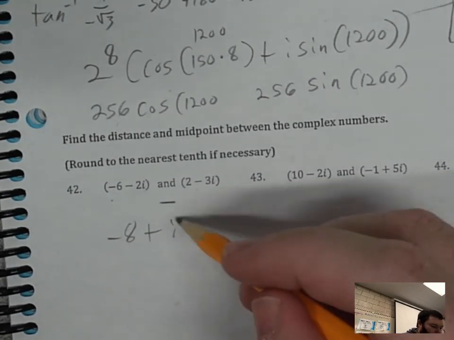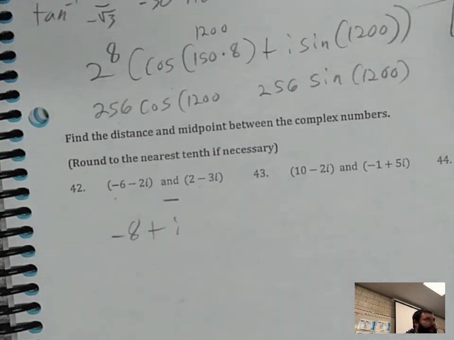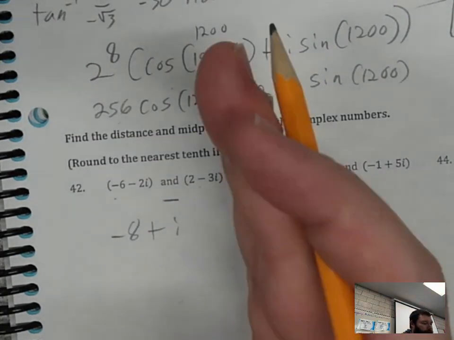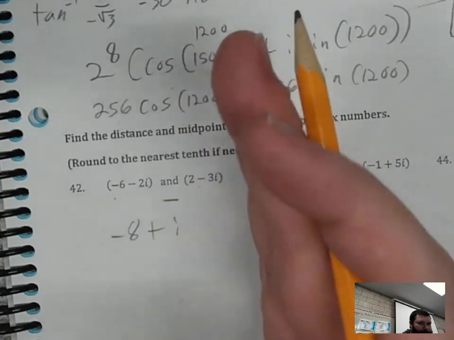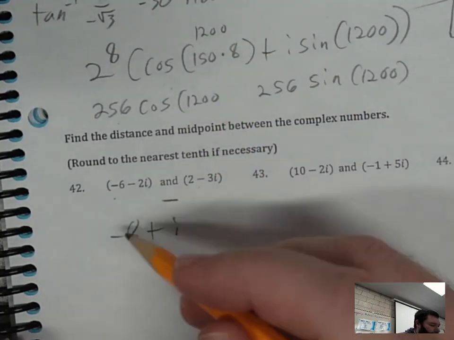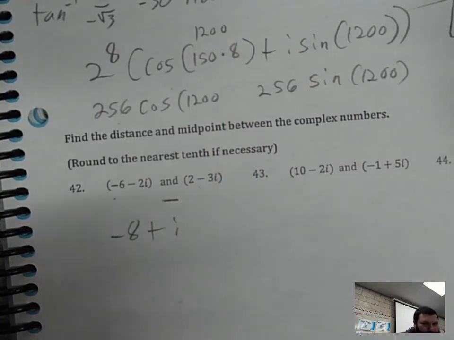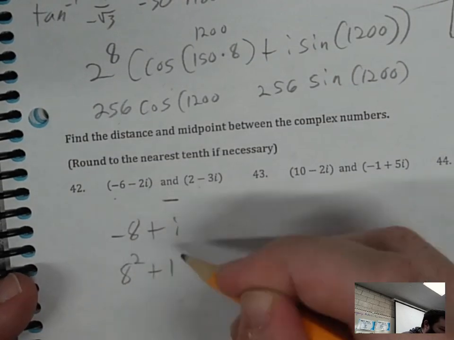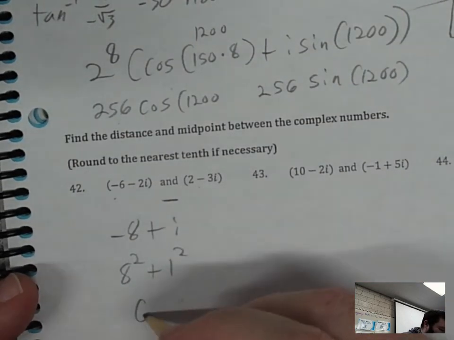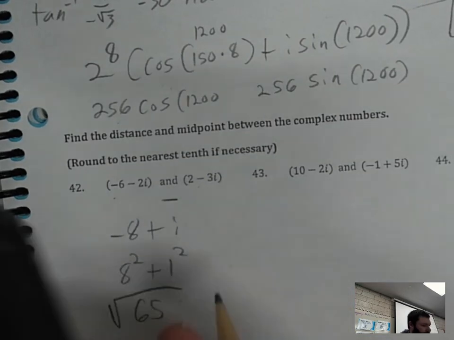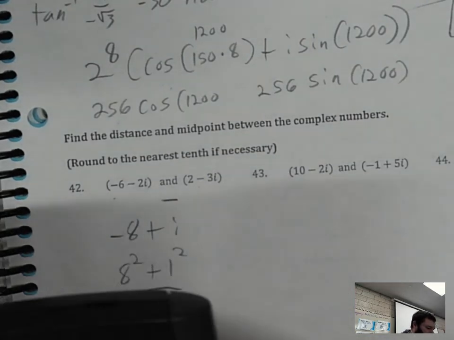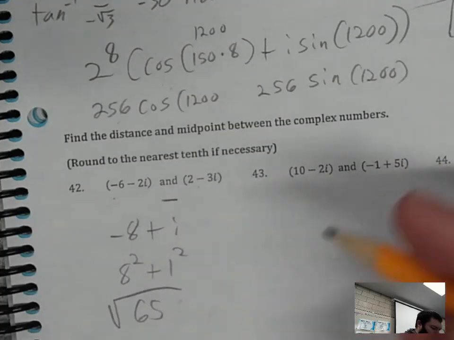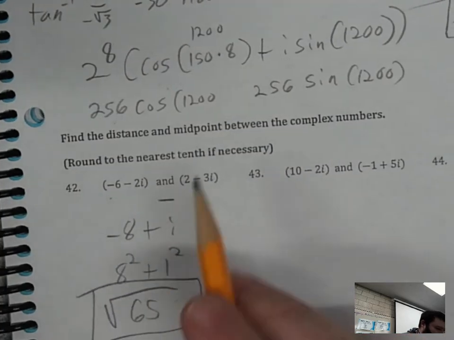Now, that gives me, I guess, the horizontal and the vertical length of the line, right? So to find the distance of that line, I just use the Pythagorean theorem. So it would be like 8 squared plus 1 squared, which is 65, and then square root it. So the square root of 65, I think, is just the square root of 65. Yeah. So that's the distance.